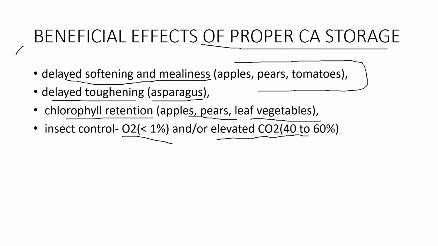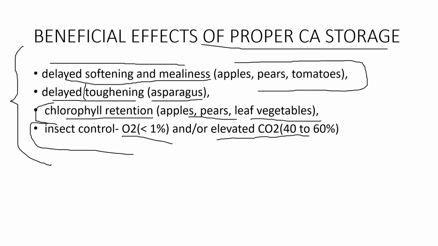So these are some of the important beneficial effects of proper controlled atmosphere storage. These are delaying softening and mealiness, delaying toughening, and very sorry if I spelled it wrong previously. Also, we have chlorophyll retention and insect control. So these are four important beneficial aspects of proper controlled atmosphere storage.